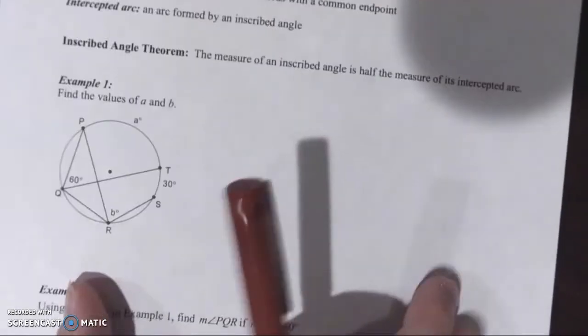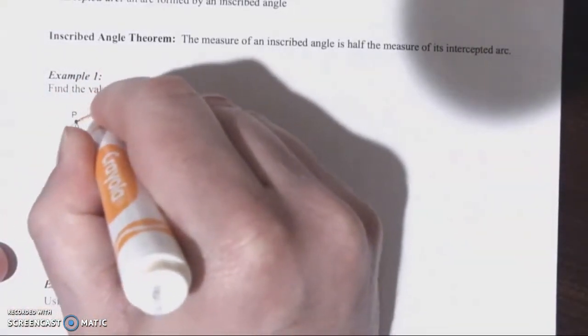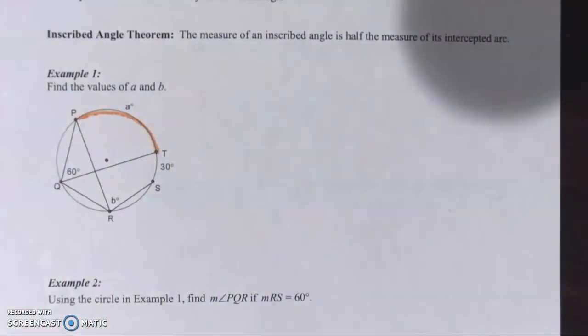Example 1 says find the values of A and B. Okay, and here's where these colors are going to come in handy. All right, A is representing the degrees, or the measure, of that arc there.